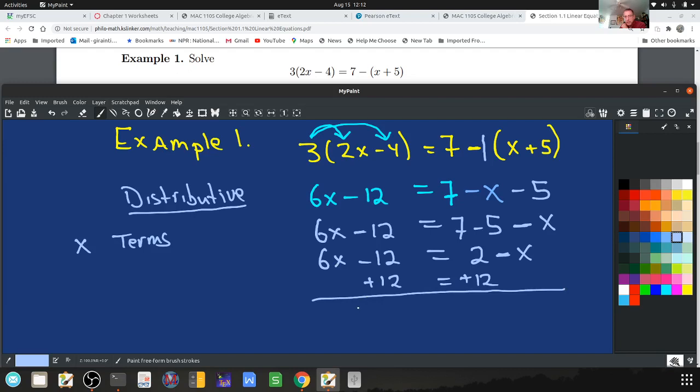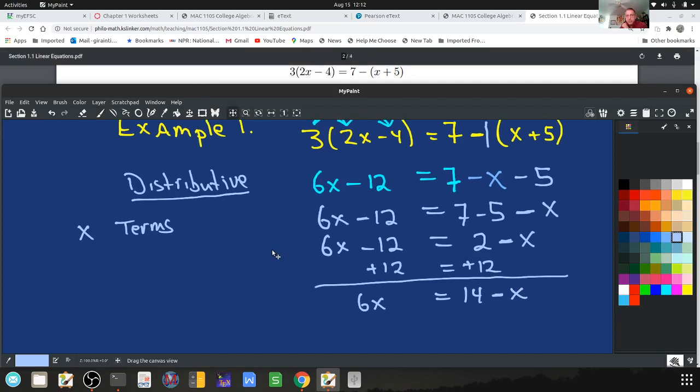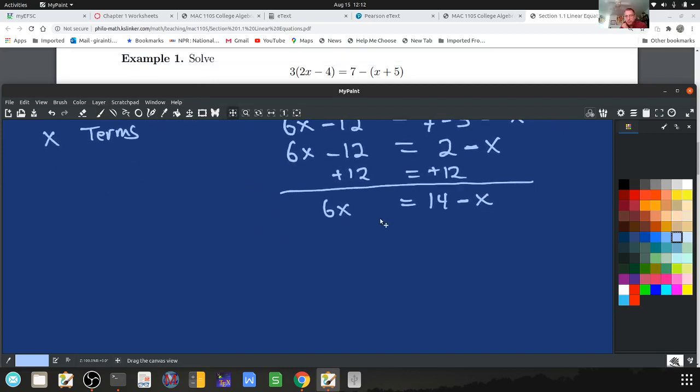The result is 6x. Why did I choose plus 12? I want to get rid of this. I want just a variable term on the left-hand side. 2 plus 12 is 14 minus x.